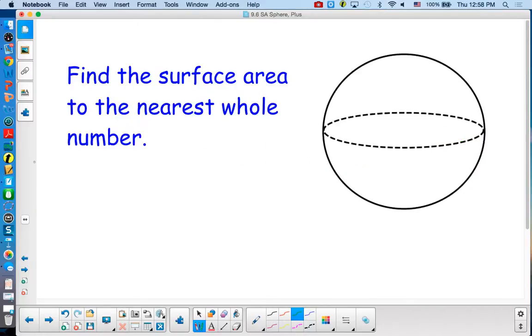So let's say on this one, the diameter is 6 inches. And notice where I put the 6, kind of spaced in the middle, so that's the whole diameter, it's not just the radius. Okay? Figure the surface area of this smaller sphere.